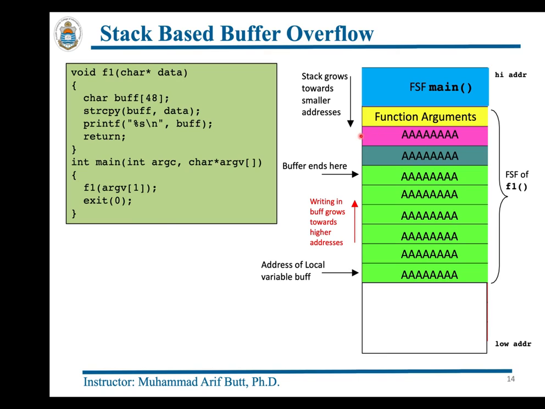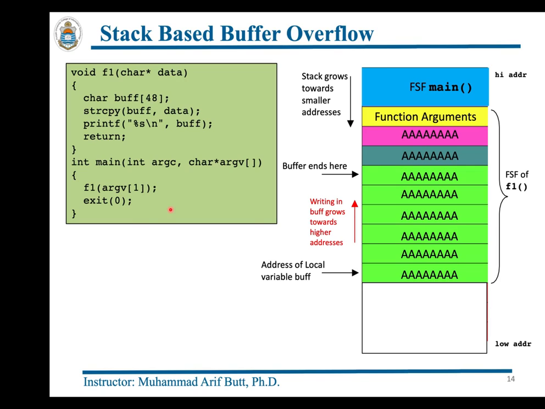Rather, maybe this address is of a place that is not inside even the code section of this program. So you will get a segmentation fault. And we say that this C program suffers with a buffer overflow vulnerability.